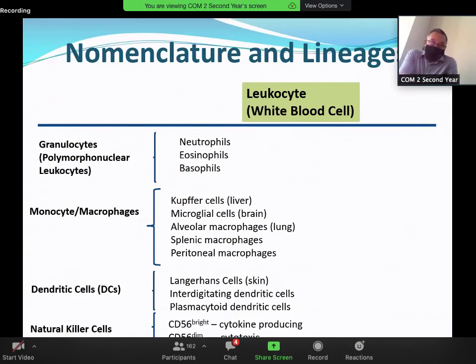And then finally, we have the natural killer cells, which are specialized in recognizing targets like virus-infected cells, like tumor cells, and then sticking to them and directly killing them to prevent more virus infection or more progression of the tumor.